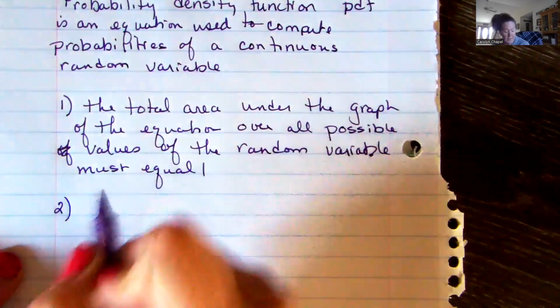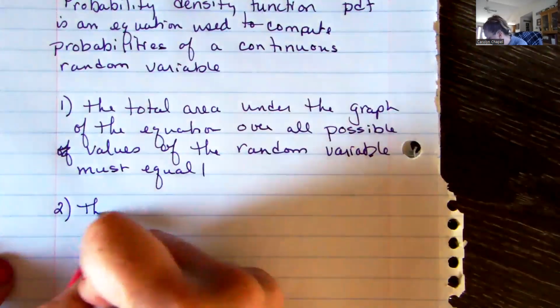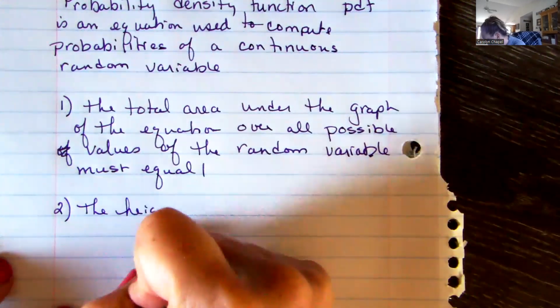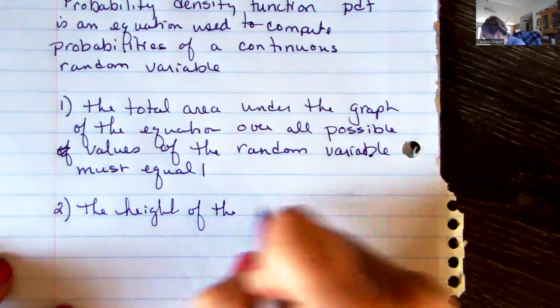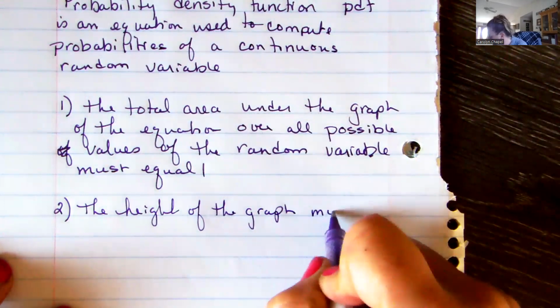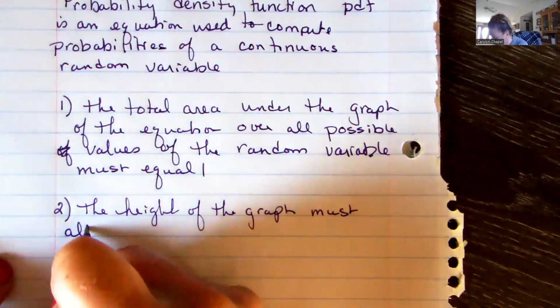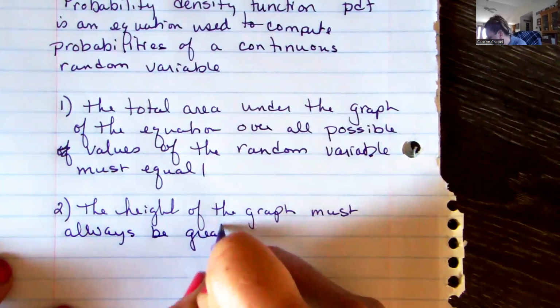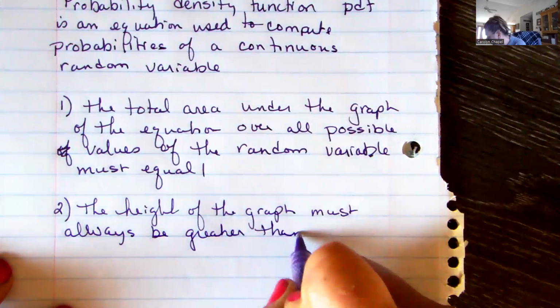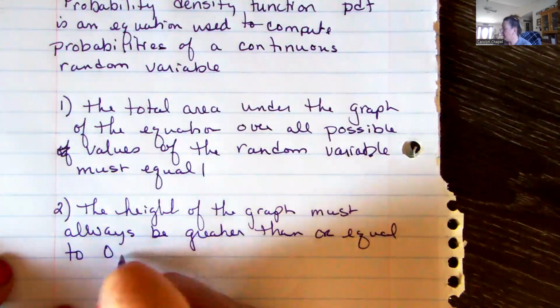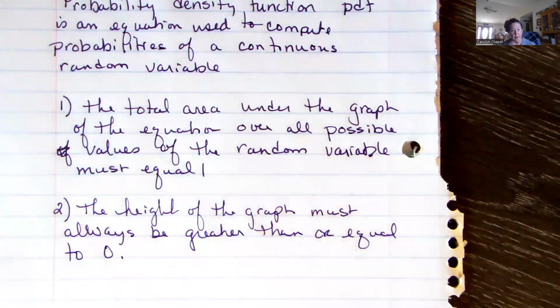And the second one is that the height of the graph must always be greater than or equal to 0, for all the possible values of the random variable.